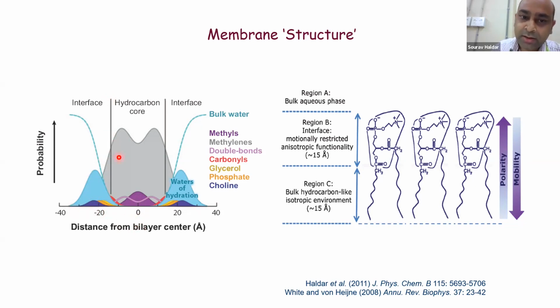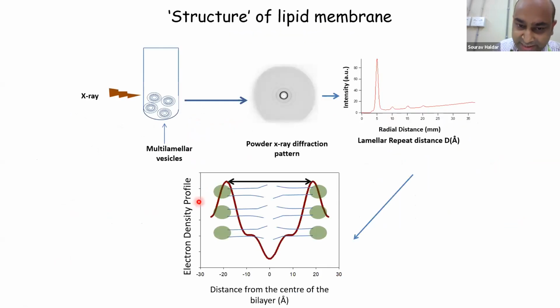You can identify the different components. For example, the bulk water will be on the outside. After that, there will be the phosphate groups. The phosphate groups have the highest electron density because they're the most electron dense part of the lipid molecules.